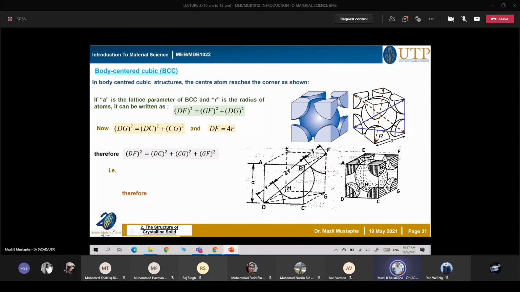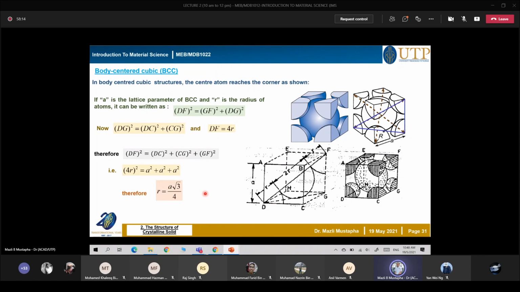By substituting this, it is quite simple for all of you. Then A squared plus A squared, and then GF squared, so we have 4R squared equal to 3A squared, where A is the unit length. So finally we rearrange it, and then we have the relation between R and A of the body centered cubic. We just simplify and rearrange it, and then we have this one.